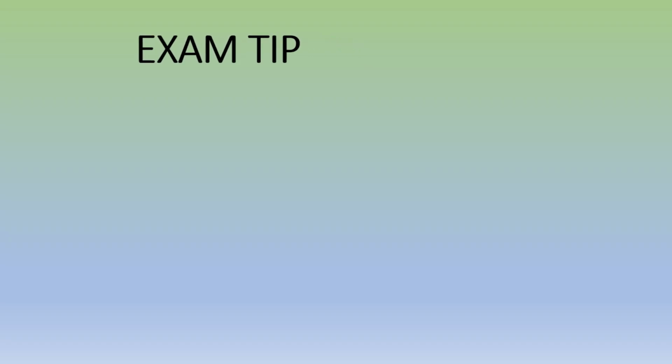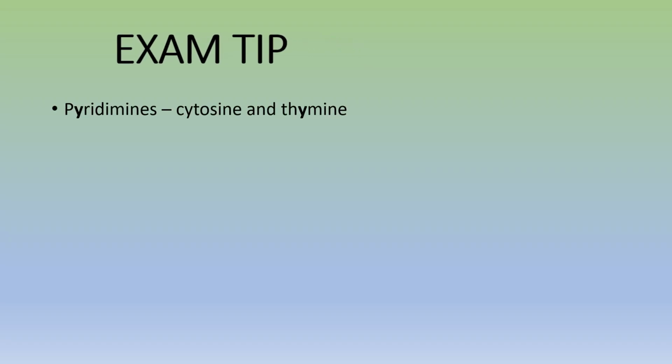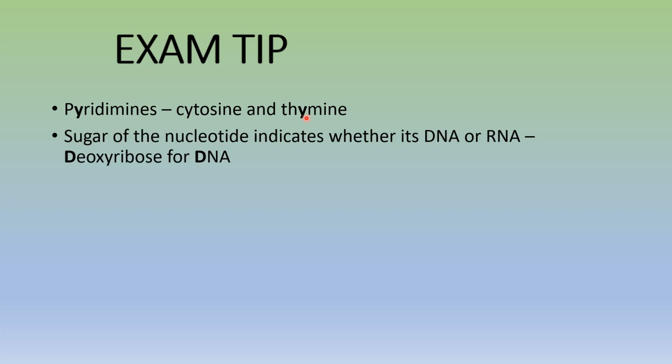So our exam tip that I have for you all, once again: pyrimidines are made up of cytosine and thymine because cytosine and thymine have the letter Y in it. The sugar of the nucleotide indicates whether it's DNA or RNA.